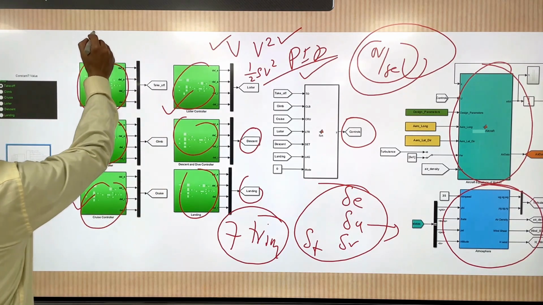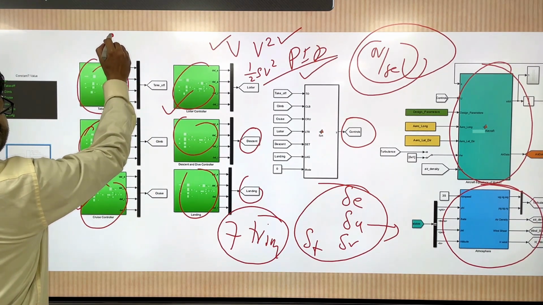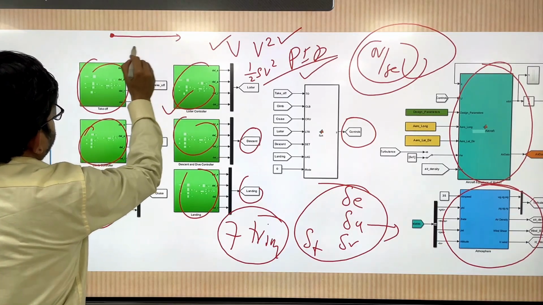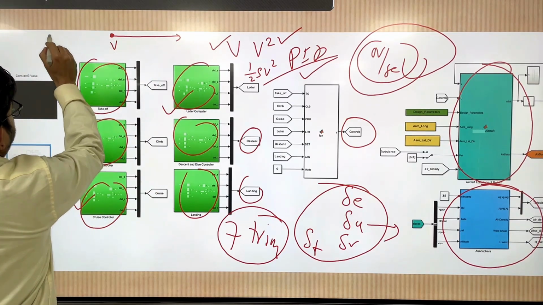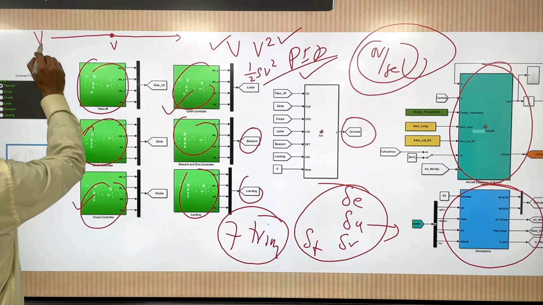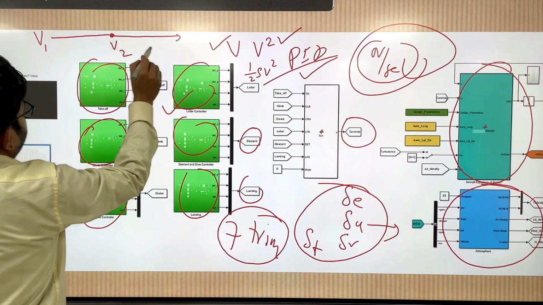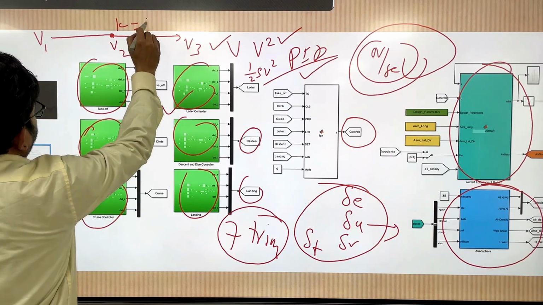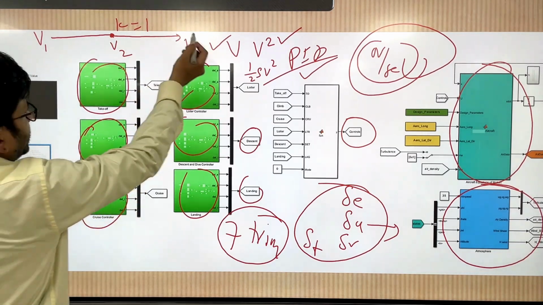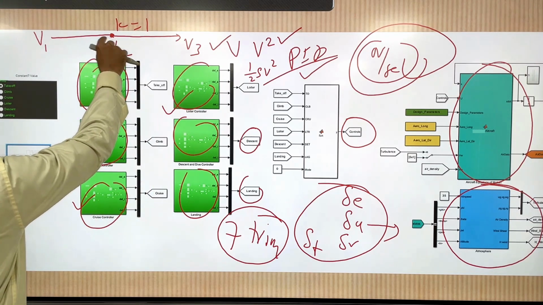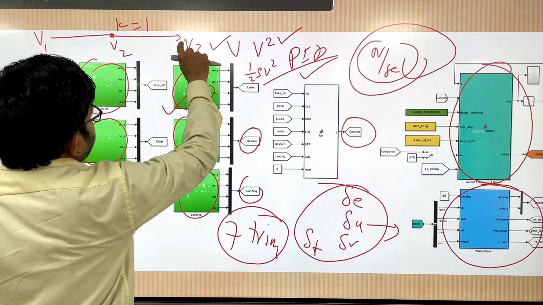For example, if you have designed for one trim point, and this is, let's say, one speed, and this is another speed, this is v1, v2, and this is v3, and you have a gain, let's say k equal to 1. If you want to find the new gain, what you will do is find the dynamic pressure here and the dynamic pressure here.